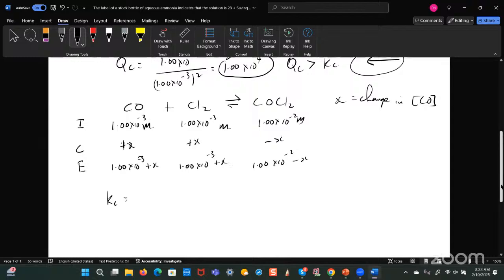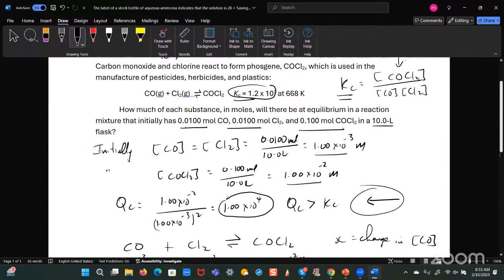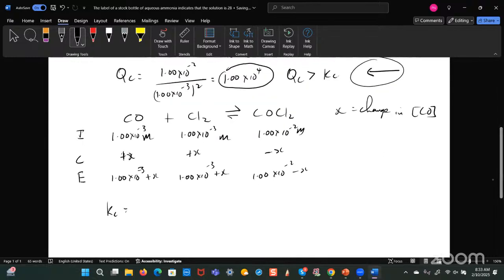Kc is equal to 1.2 times 10 to the minus 3. So 1.2 times 10 to the minus 3 would be equal to the concentration of COCl2, which is 1.00 times 10 to the minus 2 minus X, divided by 1.00 times 10 to the minus 3 plus X squared, because again, you're multiplying this by this.